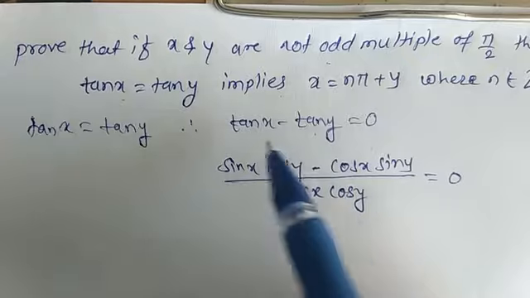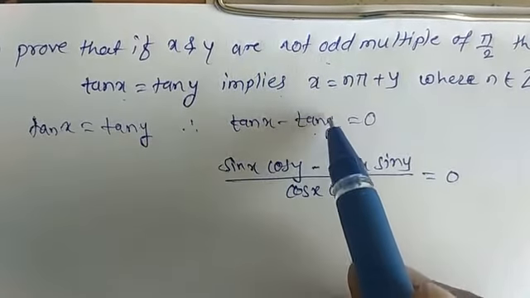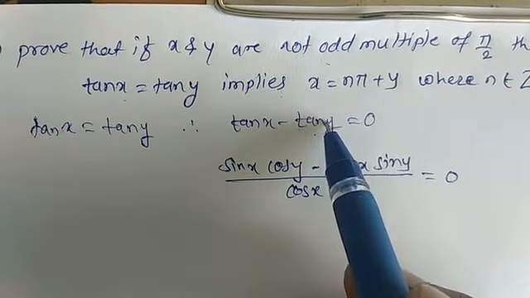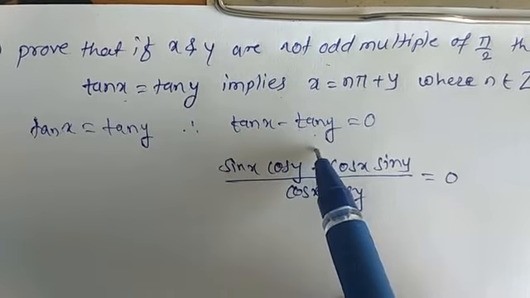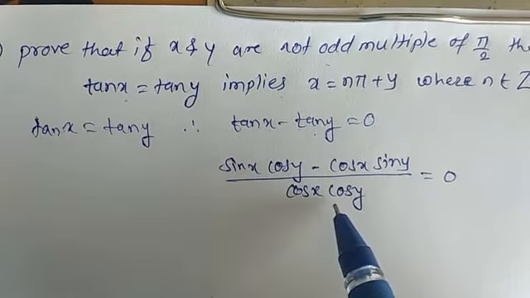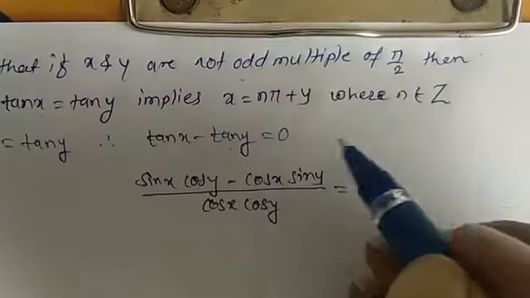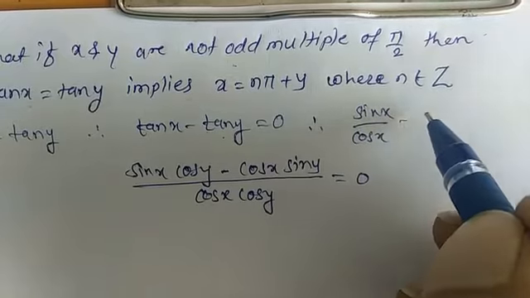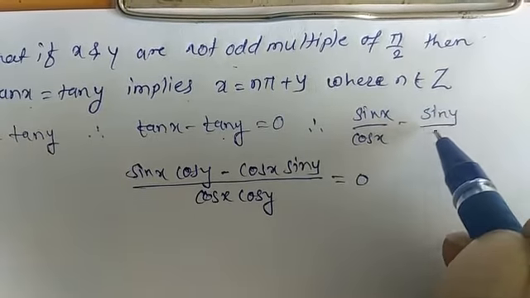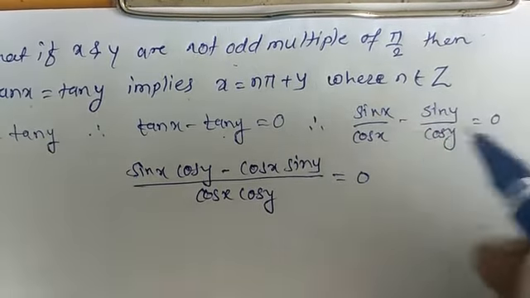Or you can write sin x upon cos x minus sin y upon cos y equal to 0. You have to take the LCM.